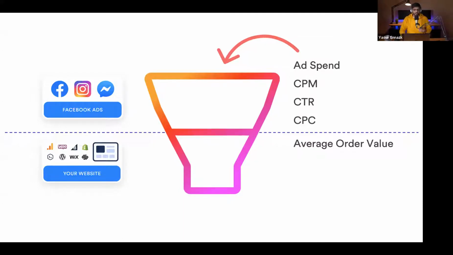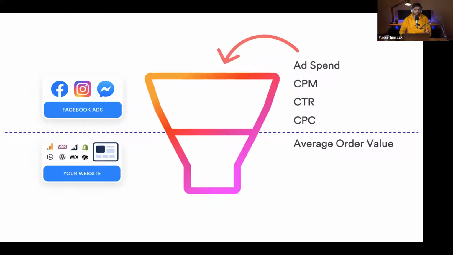Under the funnel, like the second section here, we have the average order value. Now, the average order value is how much you get paid for each order. On average, some people are going to pay less, some people are going to pay more, but on average, how much you make out of each order.